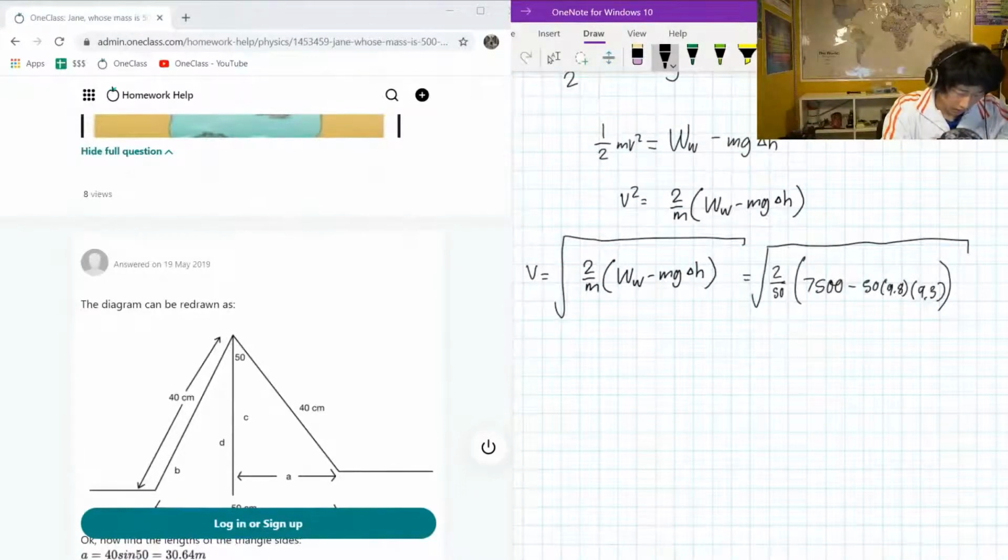Okay, so under the root we got 2 divided by 50, multiplied by 7,500 minus 50 times 9.8 times 9.3, all under the root, and I calculated the initial velocity needed to be 10.85 meters per second.